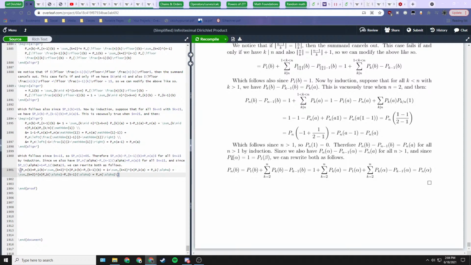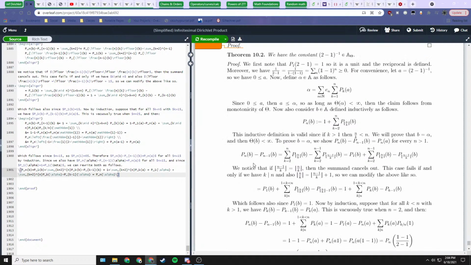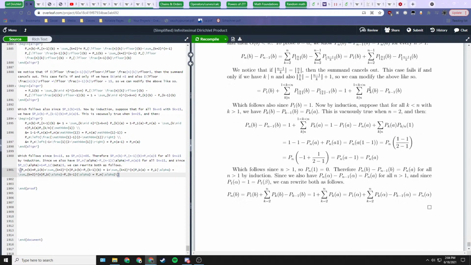And we also have p sub 1 of alpha is 1, so again that just follows from this. Since p sub 1 of alpha is just a sum from 1 to 1 of p sub k of a, so it's just p sub 1 of a. P sub 1 of a is 1, that's from this. And so p sub 1 of alpha is 1 as well.